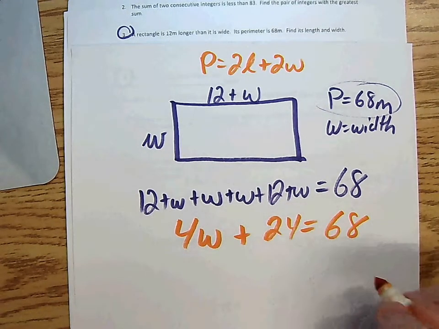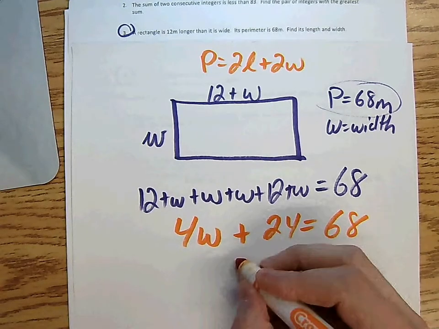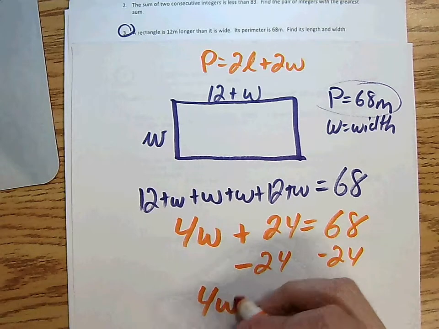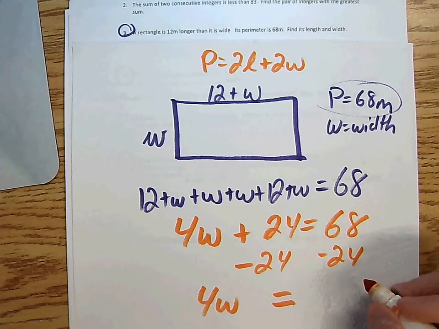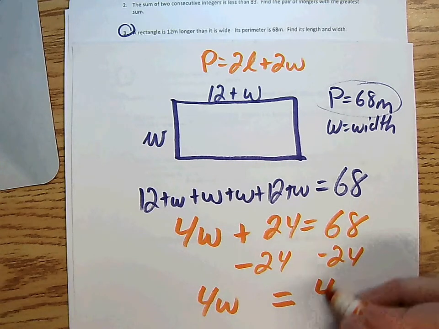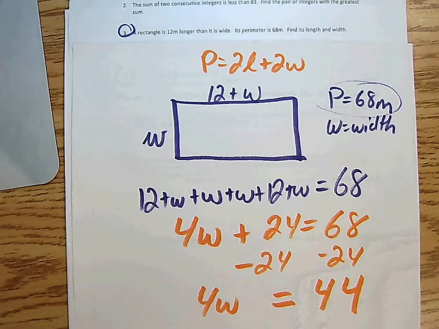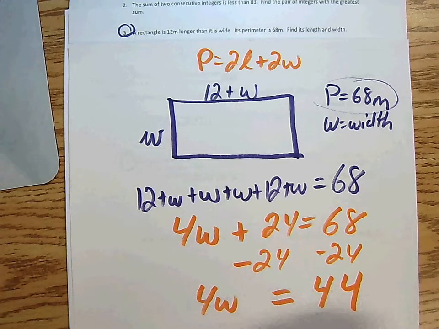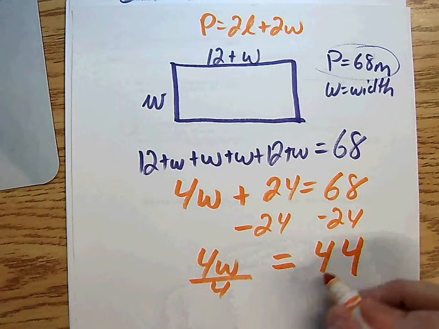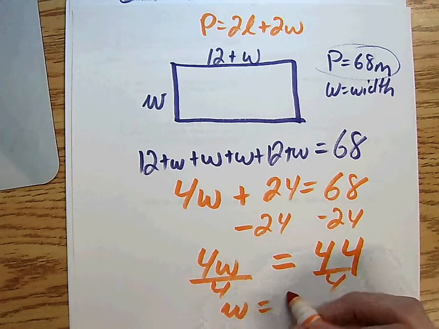What would I do next? Minus 24 on each side. And that's going to give me 4W equals? I would say 44. Right? And then what would my very, very last step be? Now, what did I just find?